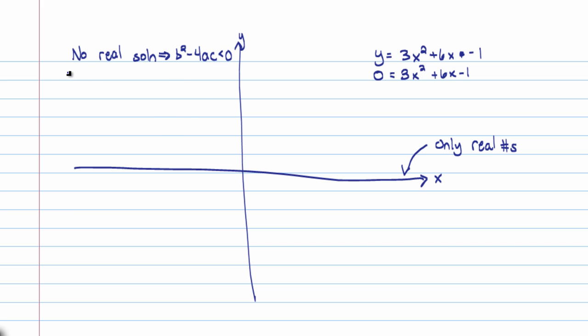Now, another possibility is that you have 1 real solution. And remember in our discussion in the previous lecture about the discriminant, if the discriminant is equal to 0, we had a solution to an equation like this that gave us 1 real solution, and we called it of multiplicity 2.